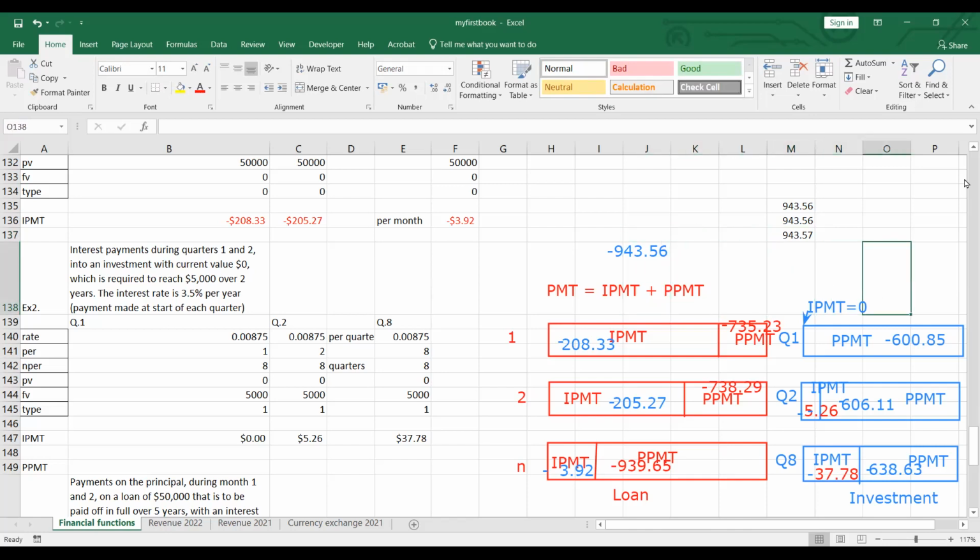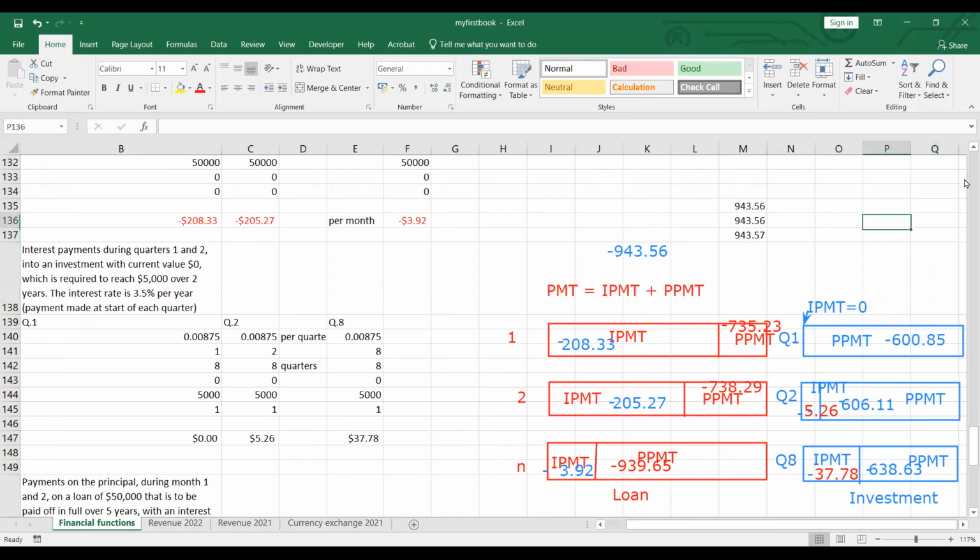Now for the second example, if we add the numbers together, the first quarter is 685 plus 0, which is 685. The second one, I get 526 plus 606.11, I get 611.37.